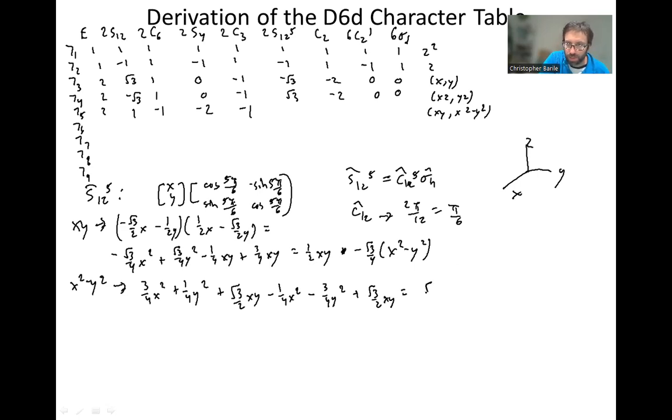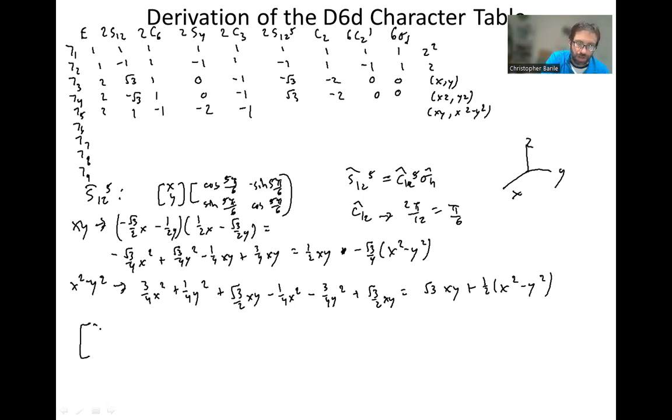That ends up equaling root 3 xy plus 1/2 quantity x squared minus y squared. We can factor out x squared minus y squared again, as you see this common theme. So we have 3/4 x squared and minus 1/4 x squared, and similar thing with the y squareds.